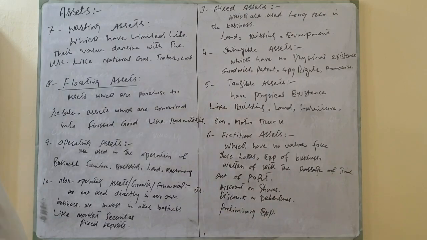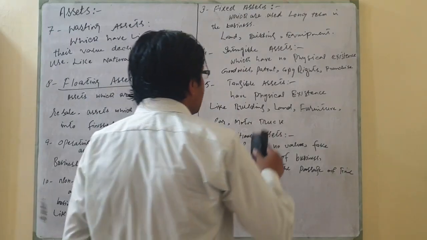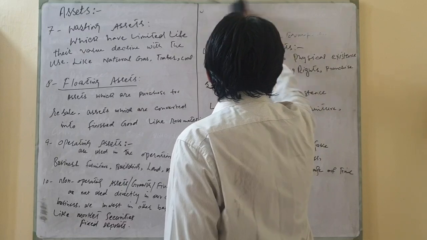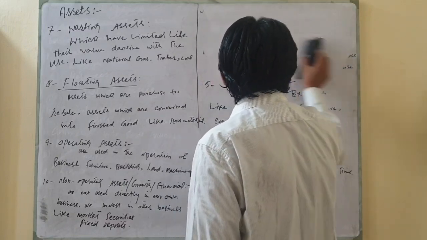So the last category, that is contingent assets. We will see what are the contingent assets.